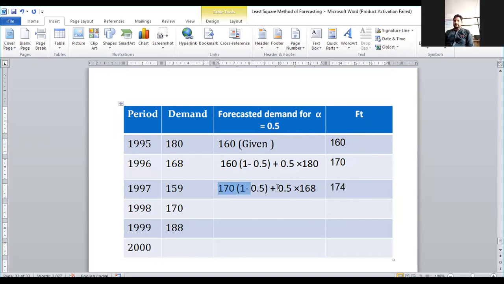Next, for the next year, similarly, we are going to consider the previous year's forecasted demand and actual demand. Forecasted demand is 174 and actual demand is 159. Okay, 174.